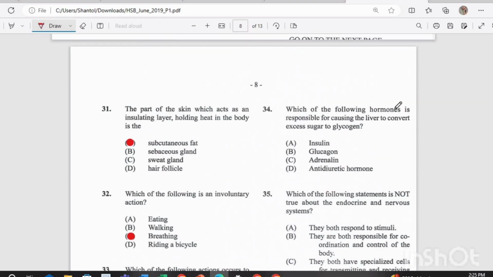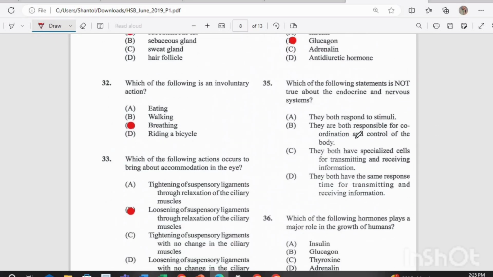34. Which of the following hormones is responsible for causing the liver to convert excess sugar to glycogen? Is it A, insulin, B, glucagon, C, adrenaline, or D, antidiuretic hormone? The answer is B, glucagon. 35. Which of the following statements is not true about the endocrine and nervous systems?